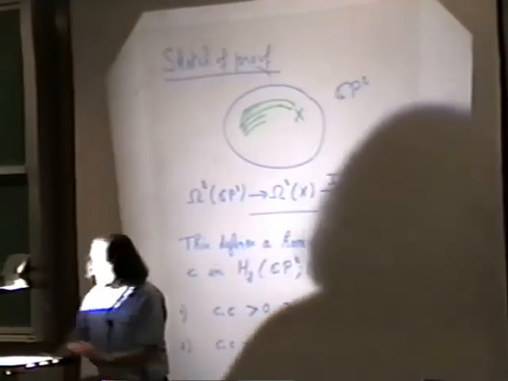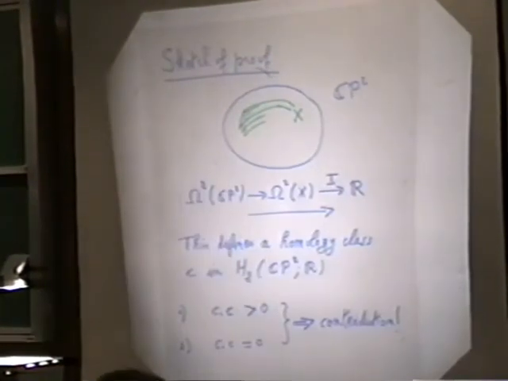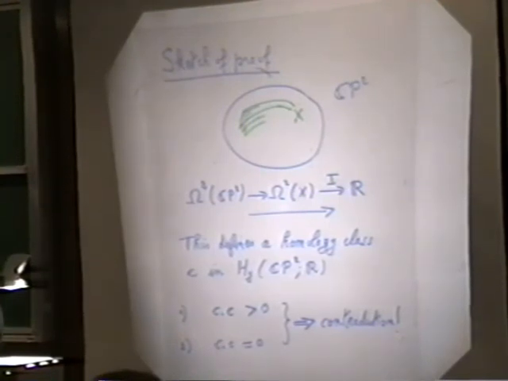Okay, so the sketch of the proof is this. Suppose by contradiction that in CP2, complex projective space, you have such an object X, which is a Riemann surface lamination with a foliation cycle.